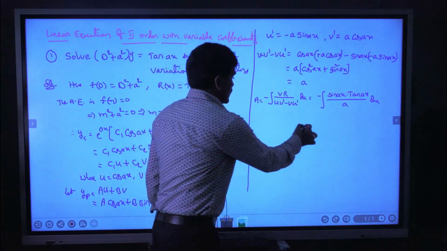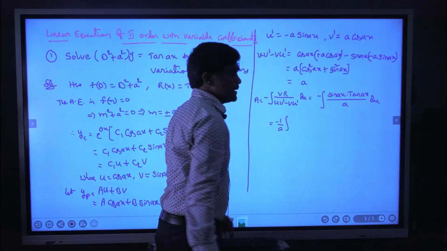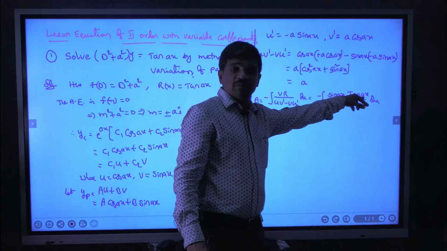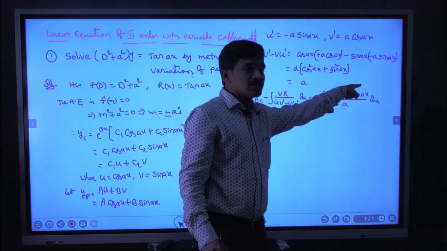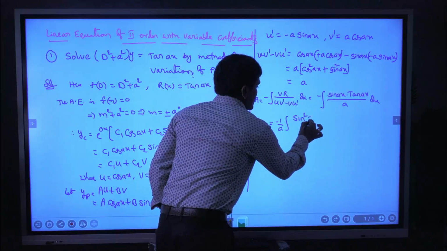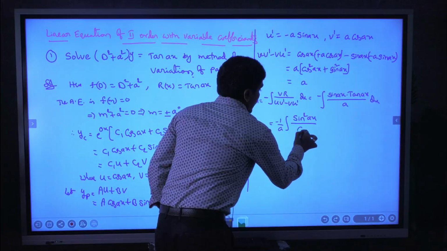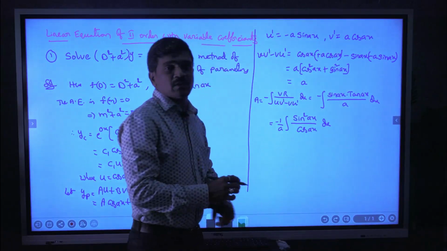Now minus 1 by a is a constant, outside the integral. Tan ax can be written as sin ax by cos ax, so that is sin square ax by cos ax into dx.